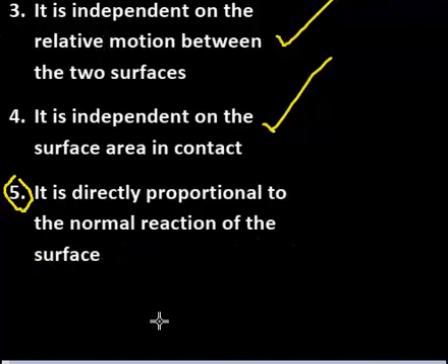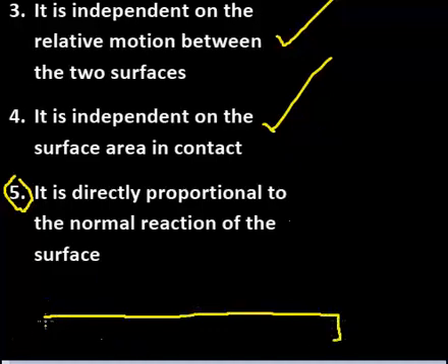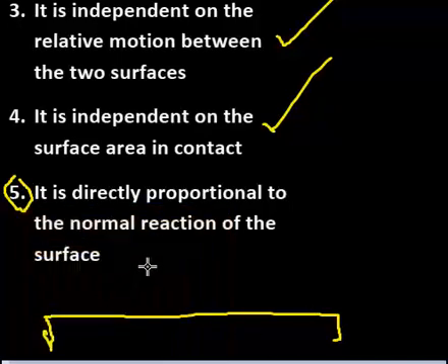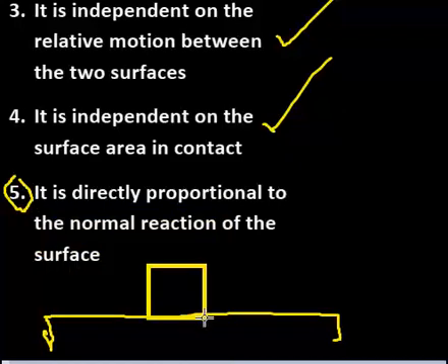Now let's illustrate that. Let's say we've got a surface, and a body on this surface.